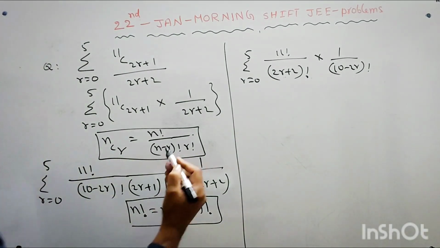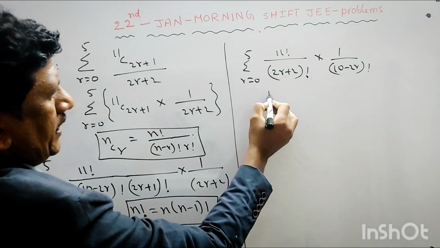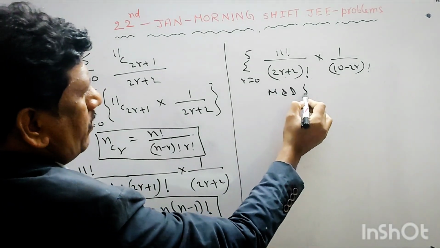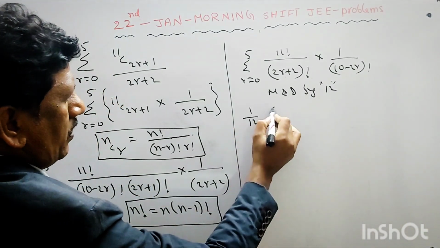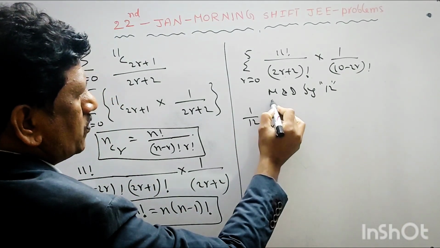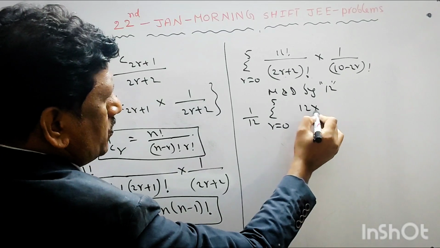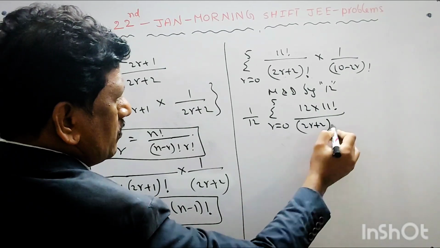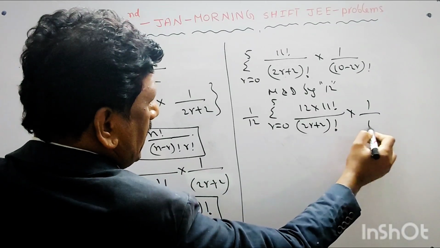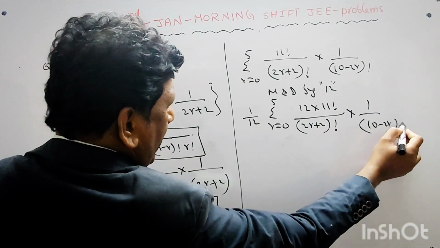One more thing: multiply and divide by 12 here. That means 1 by 12, the summation of r is equal to 0 to 5, 12 into 11 factorial by (2r plus 2) factorial into 1 by (10 minus 2r) factorial.